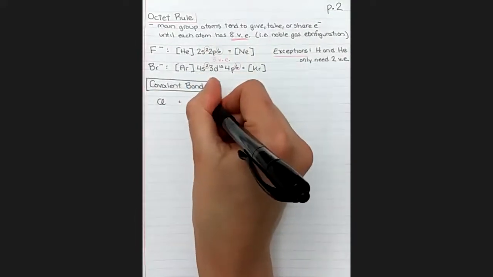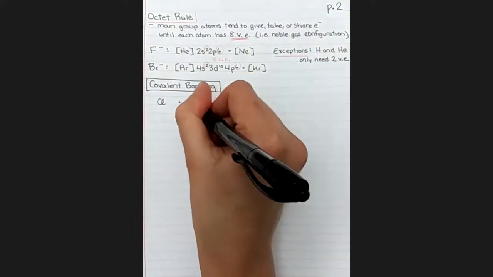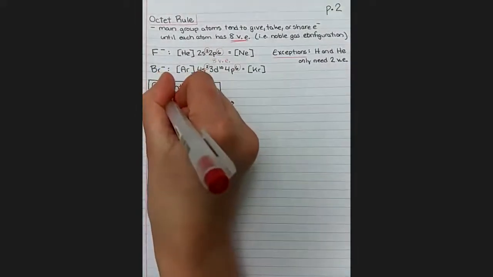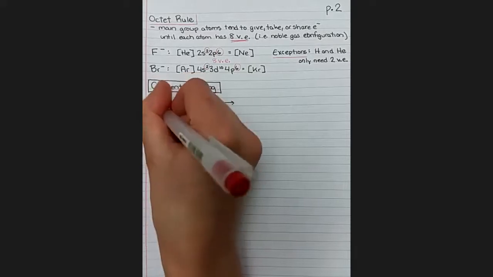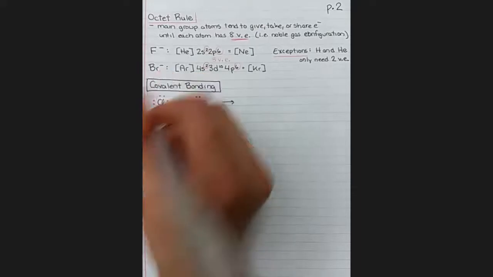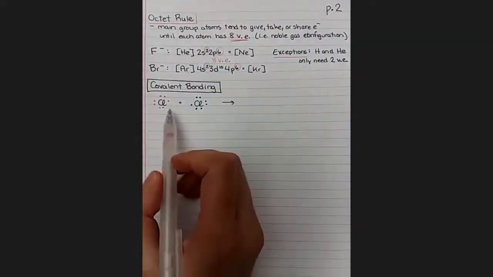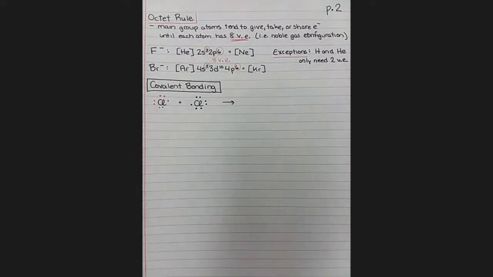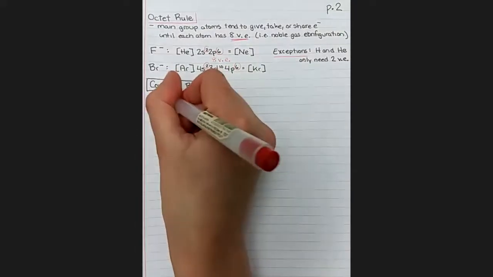So remember the electron configuration of chlorine. Chlorine has 7 valence electrons. I'm going to do the left one in red and the right one in black just this first time so we can watch. And remember what we said when we talked about bonding, how these guys are both nonmetals, so neither of them is going to be able to steal an electron from the other.